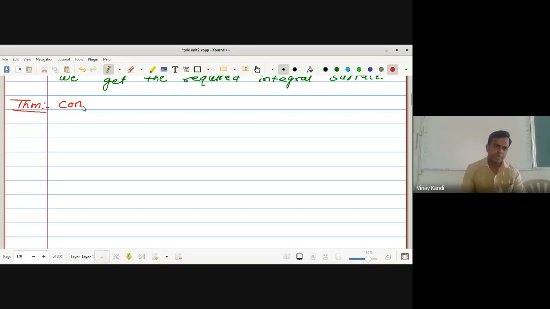Okay, consider the first order Cauchy-linear partial differential equation: P is a function of x, y, z into z_x, that is small p.